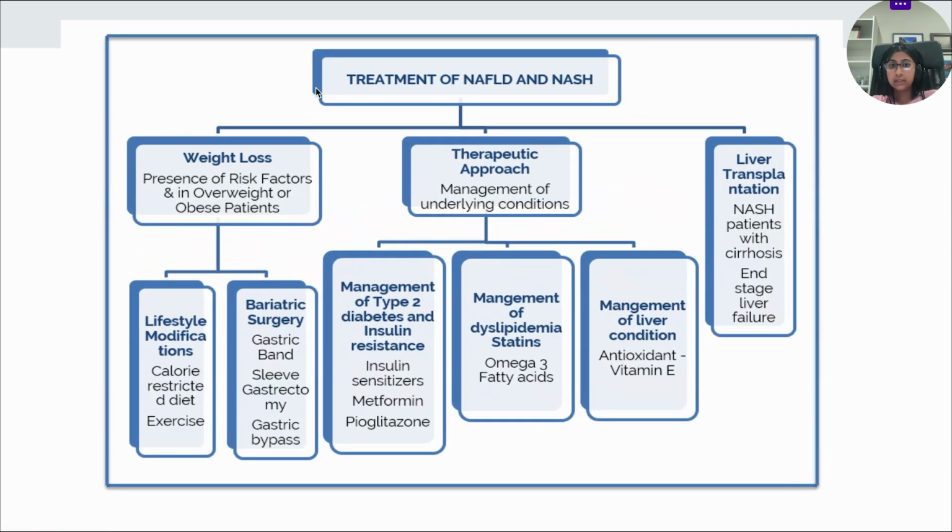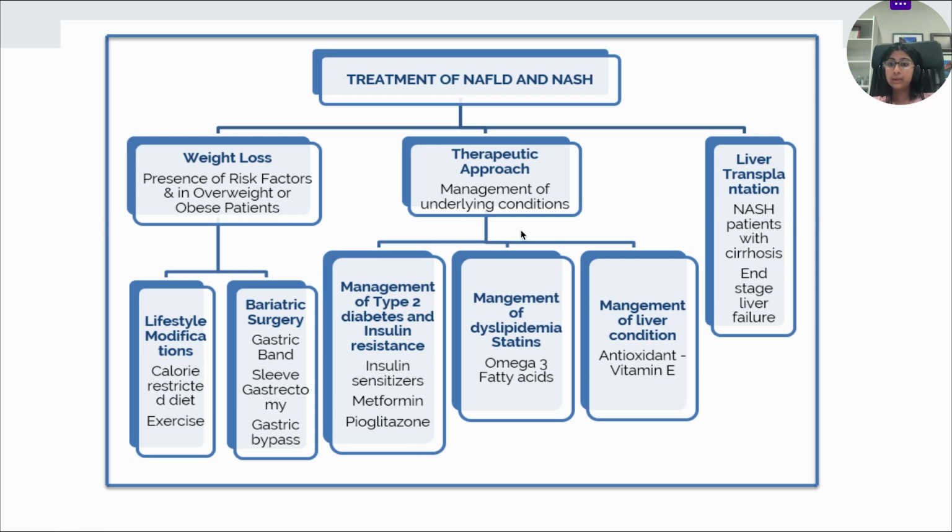This picture here shows how MASLD, also known as NAFLD, non-alcoholic fatty liver disease, has been treated in the past. Weight loss has been prescribed through diet and exercise, as in these lifestyle modifications. Additionally, bariatric surgery has been recommended, which does gastric bypass and helps to get rid of the fat in the liver.